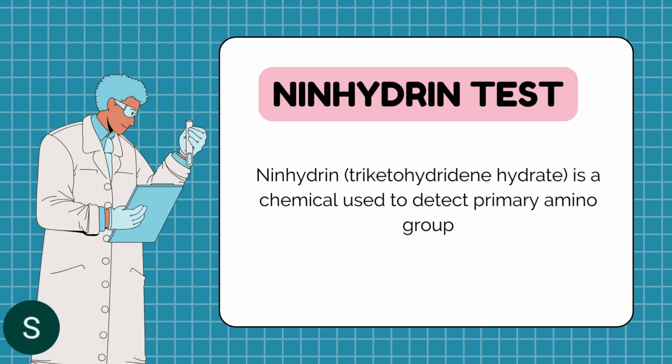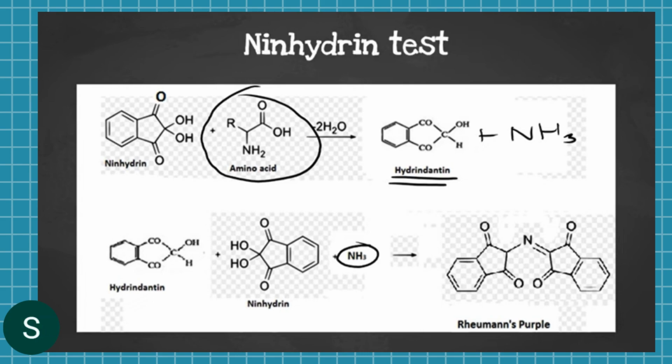So ibig sabihin, yun din yung reagent mo. Okay? So, your result would be your blue to purple solution and a yellow solution. So, all amino acids react to a blue to purple solution, while proline is the only amino acid that produces a yellow solution. Okay, so ano bang nangyayari sa ninhydrin test?